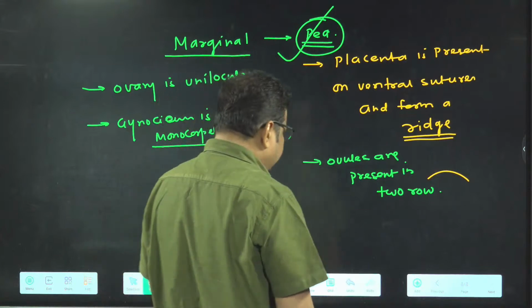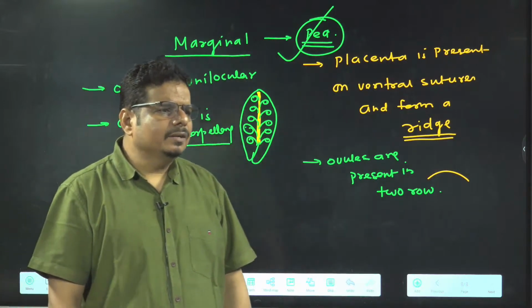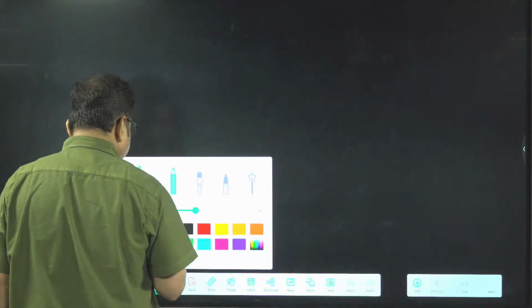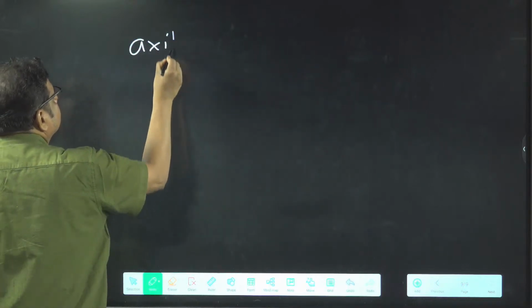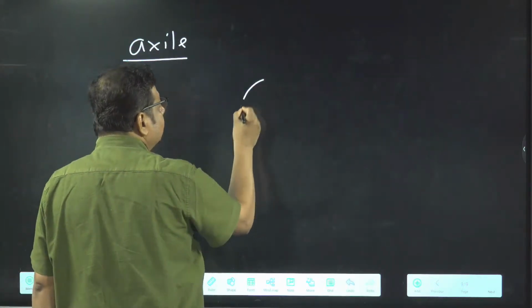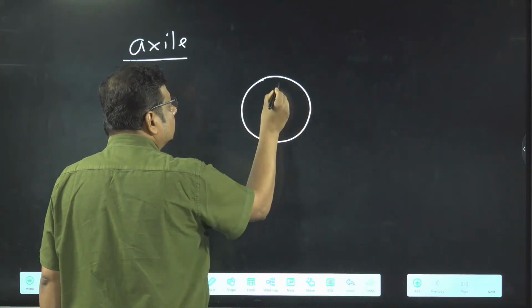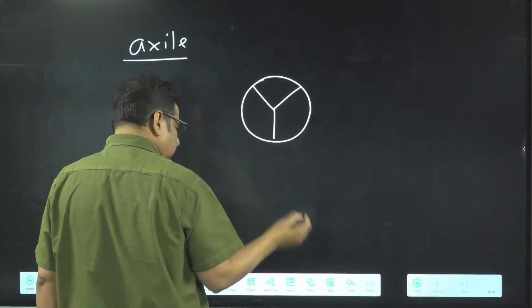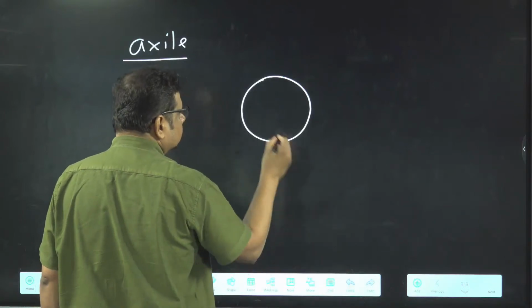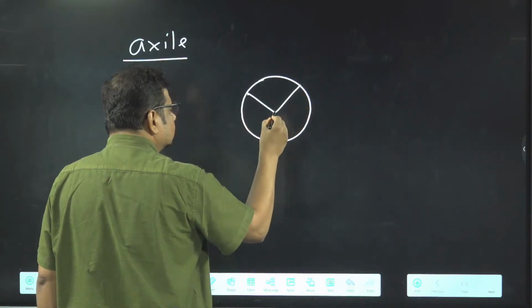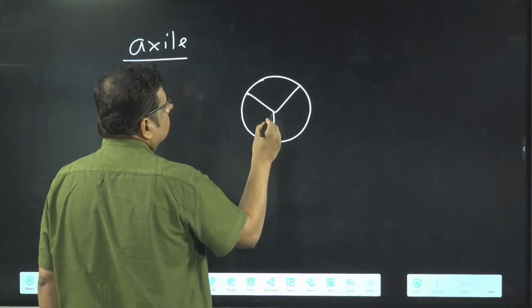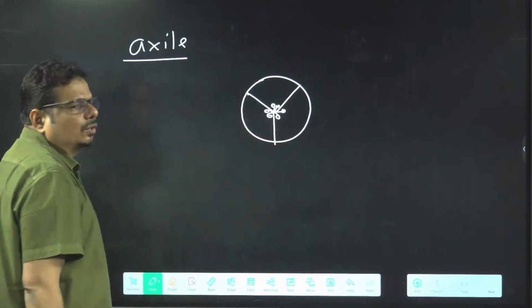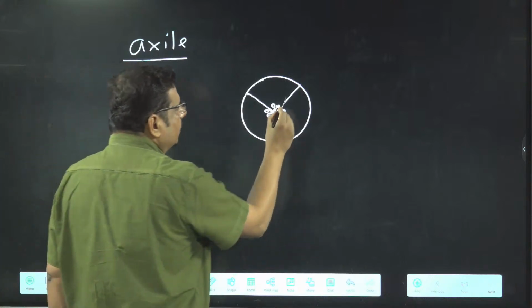Now we are moving ahead to the next placentation, and that is which one? Axile. So in axile placentation, you find such kind of condition. Here is the central axis, and here are the ovules, and this is septa.